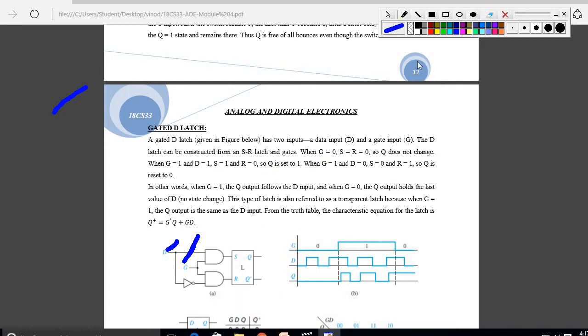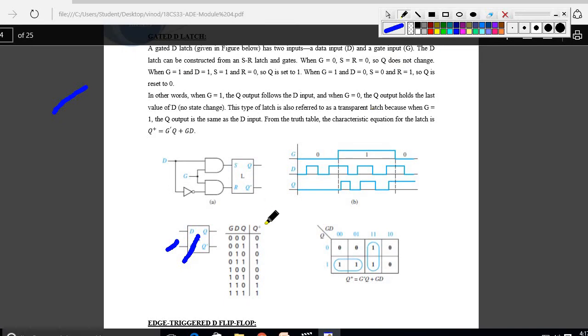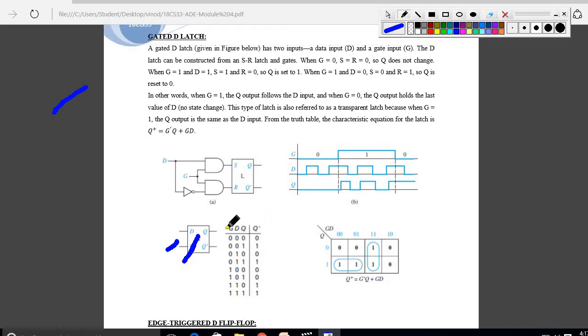What exactly is the meaning of this? First you have to know how to write the truth table. G and D are inputs, Q is the past value, and Q plus is the present value. When G and D are 0, irrespective of anything else, I need to write the previous value only.